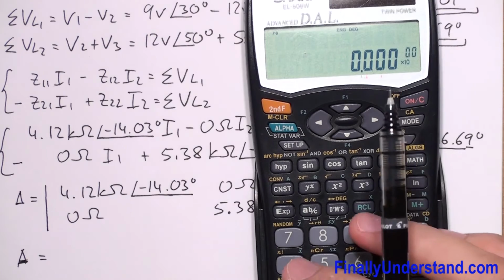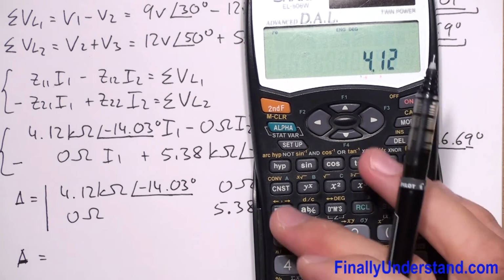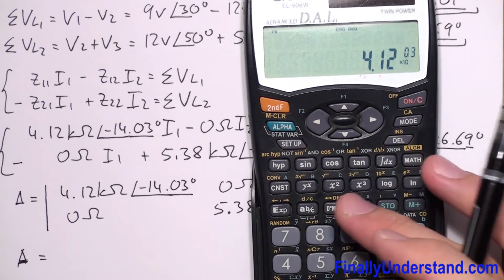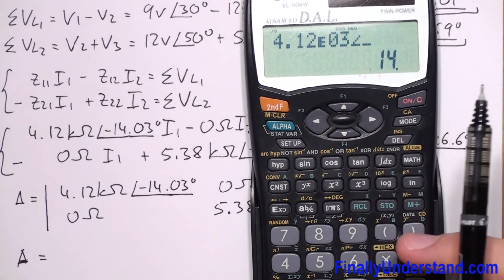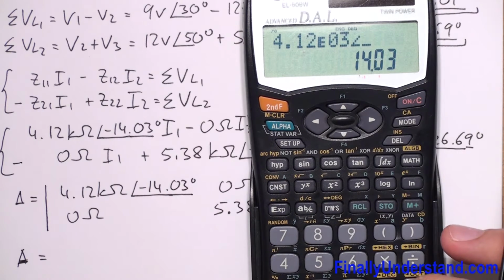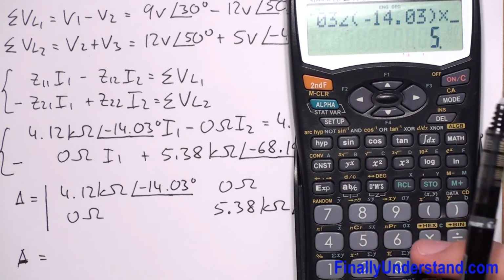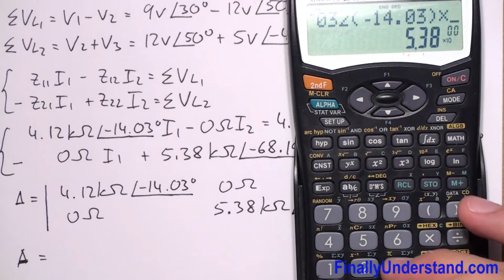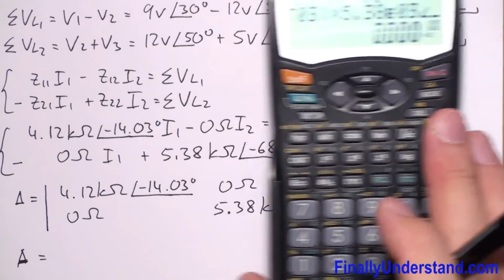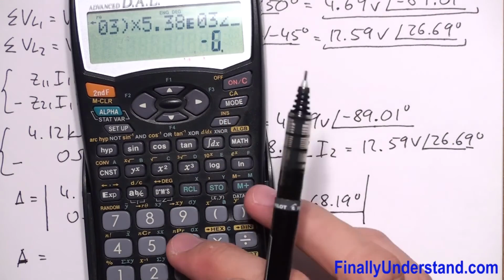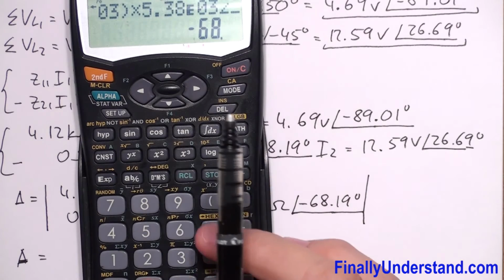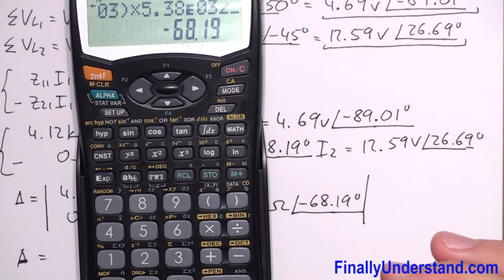Okay, so I'm going to have simply the product of 4.12 times 10 to the 3 angle of negative 14.03 times 5.38 times 10 to the 3 and angle of negative 68.19.